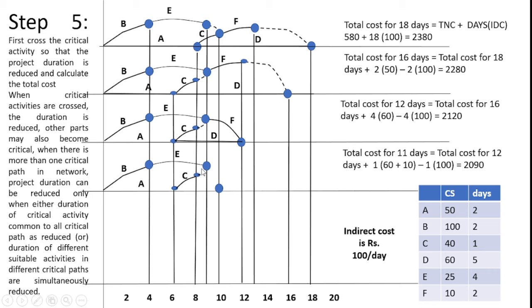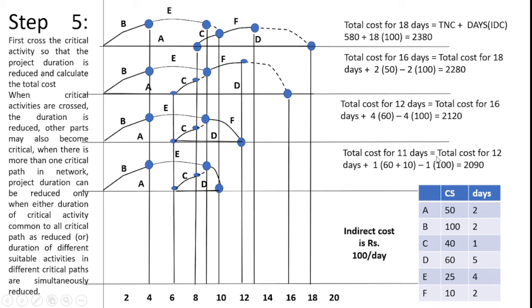Likewise we can get furthermore reduction in the total cost. How? The reduction of D. Further 1 day I can reduce because a dummy activity is available within the process, so I can reduce without affecting the other activities, so that I can reduce one more day.